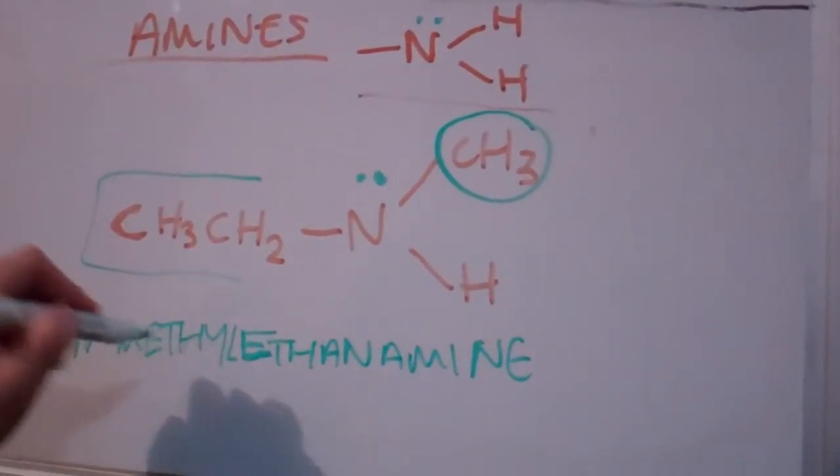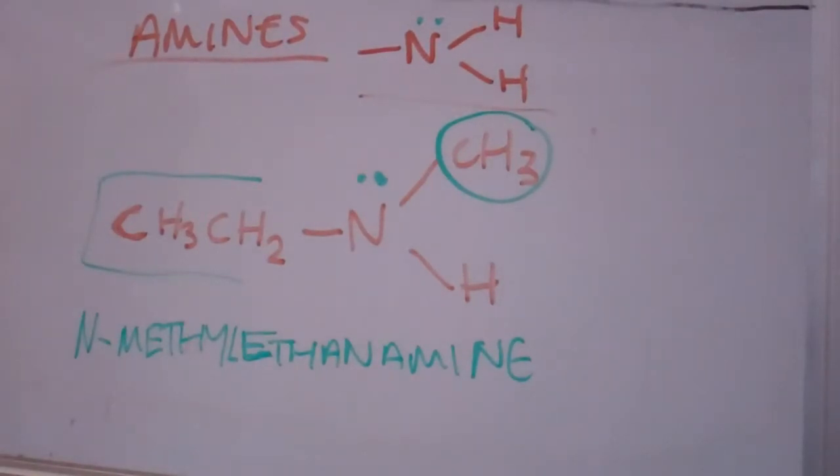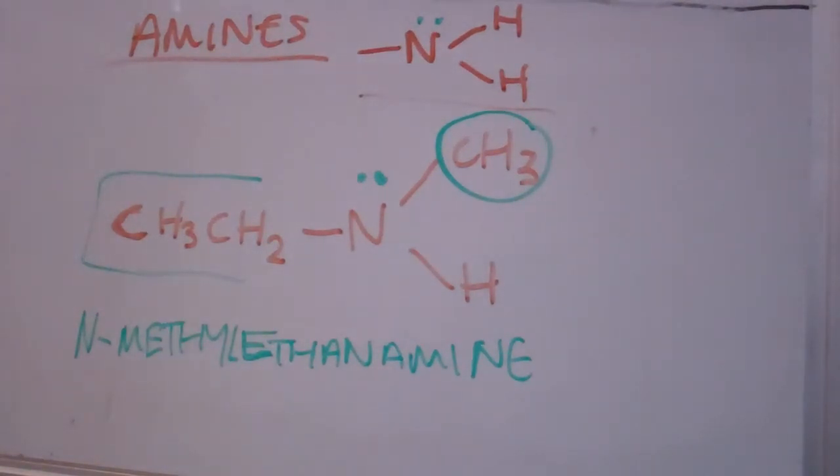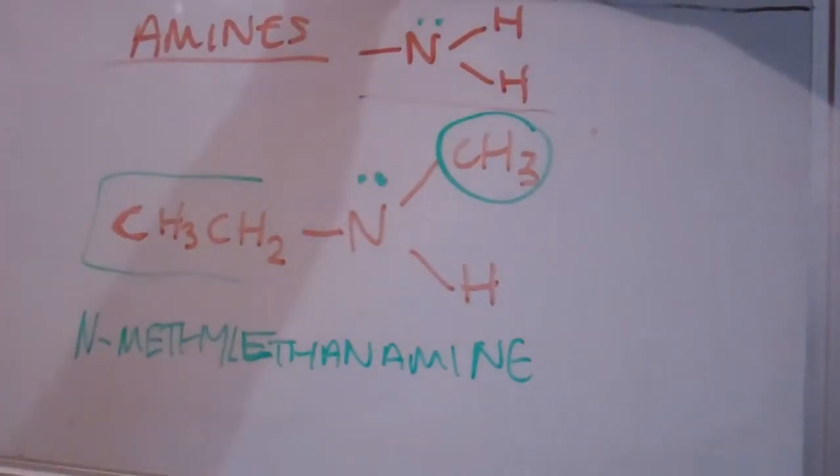Okay? So this is called N-methyl ethanamine. Because we've got a methyl group attached to our nitrogen, you need to label this N-methyl so that from the name you know where to put that methyl group. Okay? That's for secondary amines.